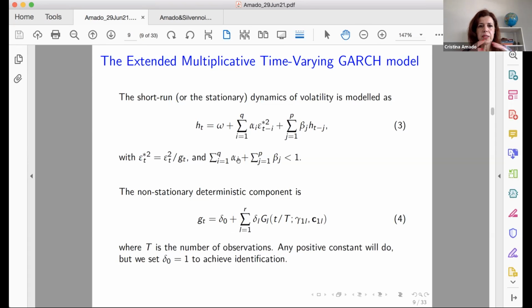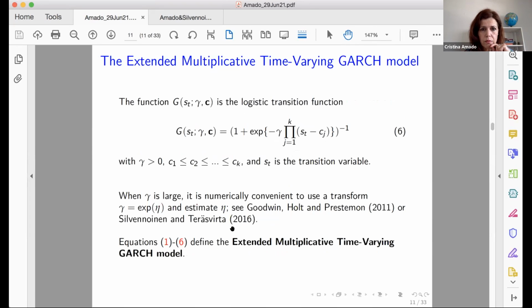We have this multiplicative decomposition, so when we are estimating the model, we could either fix this delta so that we have some flexibility in the estimation process, or we could just set this delta naught equal to 1.